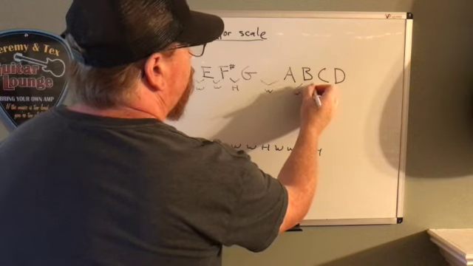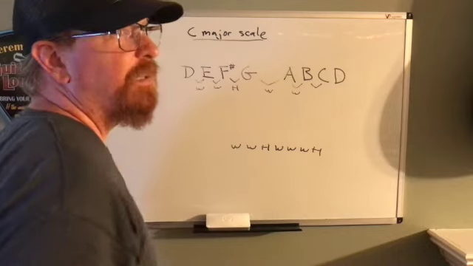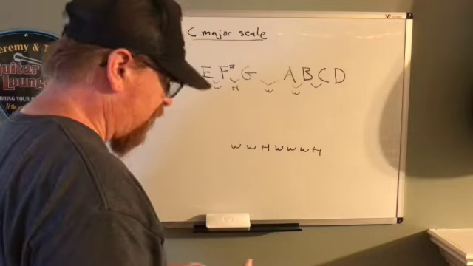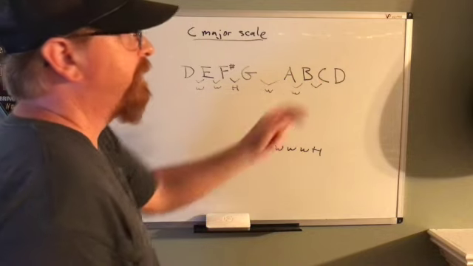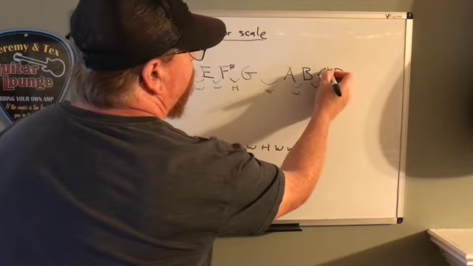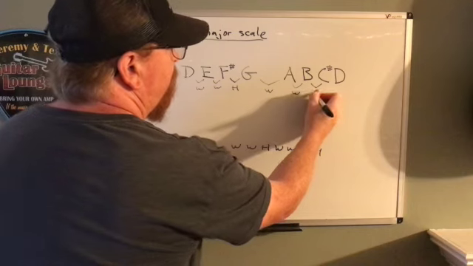B to C is supposed to be a whole step, but we know B to C on the keyboard is not. So we're going to have to raise this C sharp. Raise the C to a C sharp, making it a whole step.